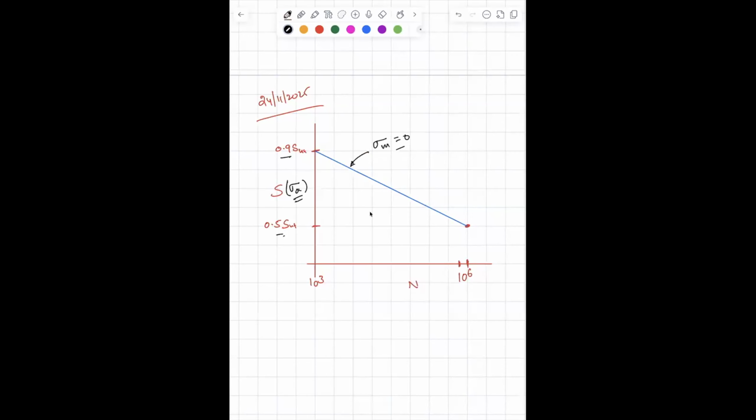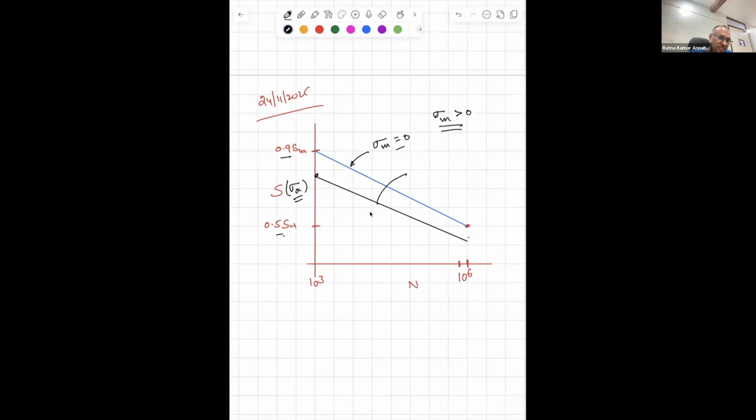Yes, sir. If you are doing a test where mean stress is not 0, let us say mean stress sigma m greater than 0, then what happens? This line might actually become like that.